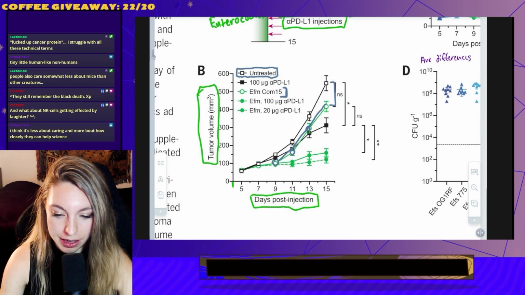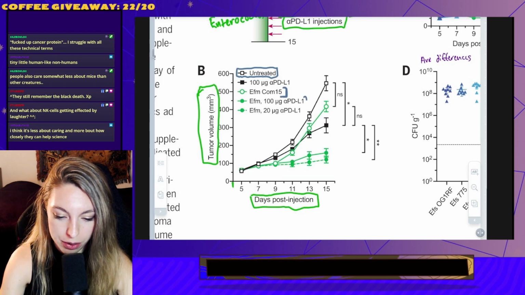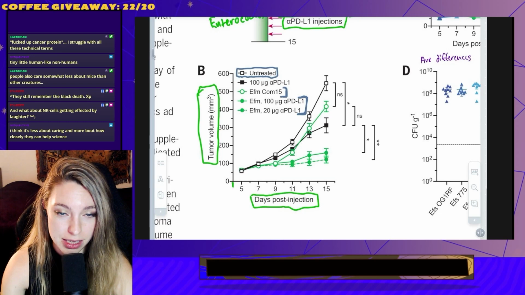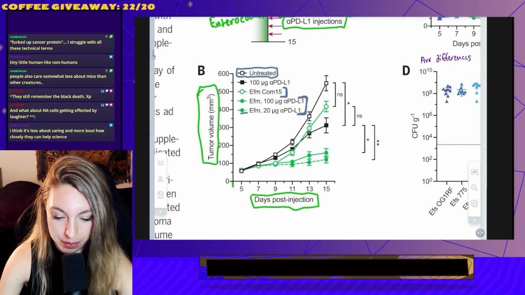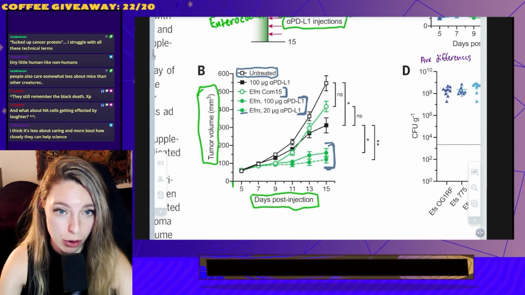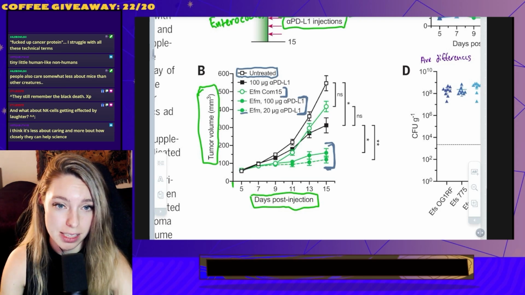So then what they did is they combined the bacteria with different dosages of the antibody that makes T cells better. So these are the two green solid line and green dashed line right here. So you can see that these cancers are much smaller. These tumors don't grow very well. They're being killed by T cells.